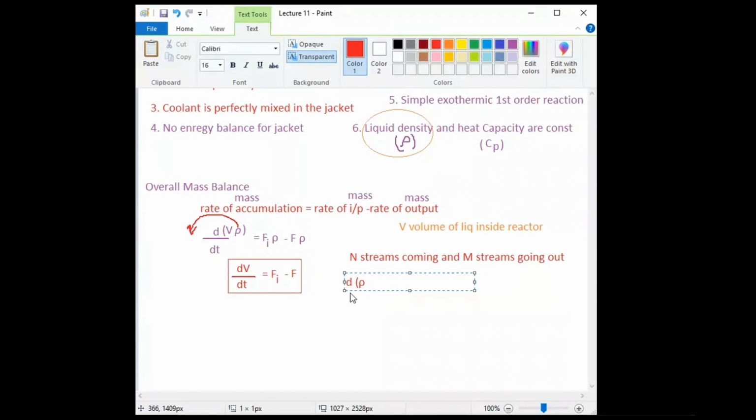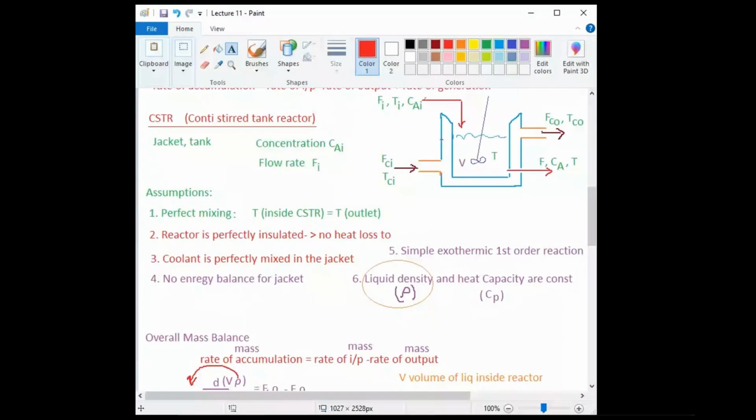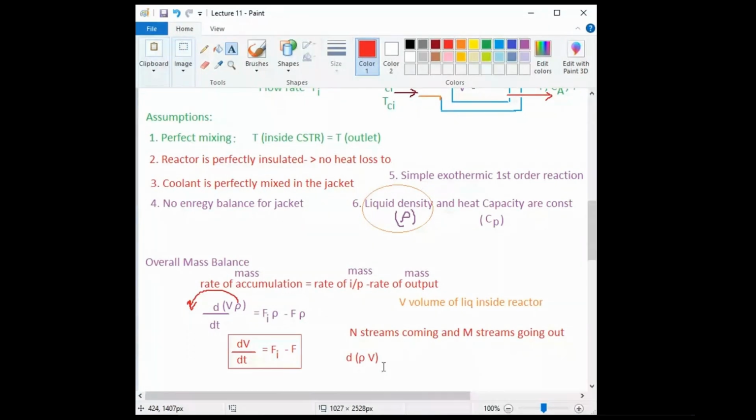Rho is the density of the liquid inside the tank. Here, because there was only one stream coming in and one going out, we had considered rho as constant. But if there are more than one streams going in and going out, then the density cannot be constant.